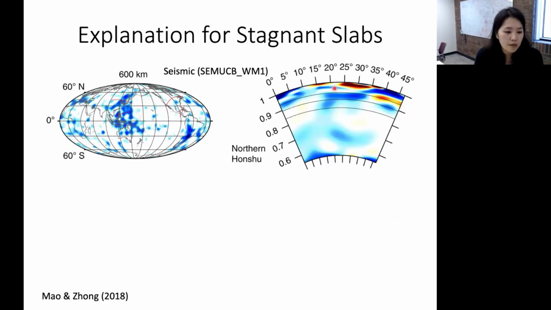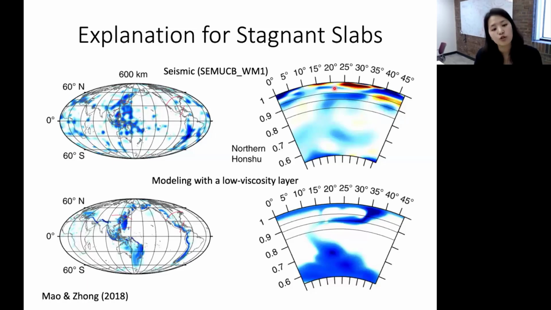However, from the geodynamics side, it's quite hard to reproduce this feature by geodynamical modeling, but Mao and Zhong learned that if they have a low viscosity layer between upper and lower mantle, the stagnant slab feature becomes much easier to reproduce. So it's possible that this weak zone is facilitating stagnant slabs, which, again, is not just happening in the Tonga subduction zone, but in many other subduction zones. So it's possible that weak zones are present at other subduction zones as well.